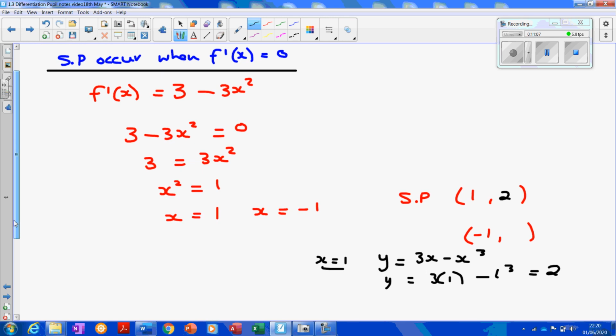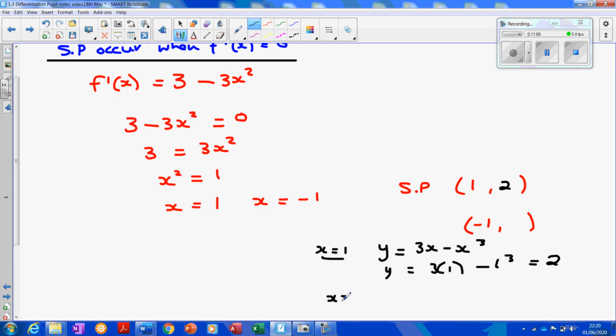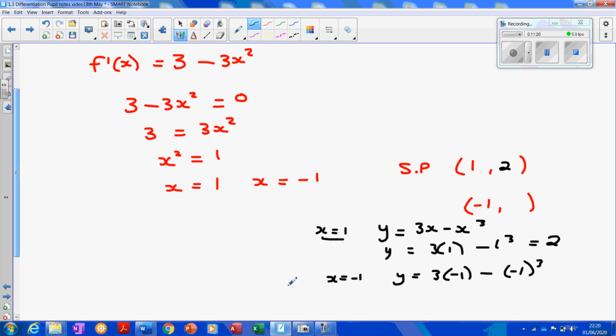When x is equal to minus 1, the y coordinate is equal to 3 times minus 1 minus minus 1 to the power of 3. So 3 times minus 1 is minus 3, and then I've got to take away minus 1 to the power of 3. So that's minus 1 times minus 1 times minus 1, which is also minus 1. So that would be minus 3 plus 1, which is equal to minus 2. So we've got our two stationary points.